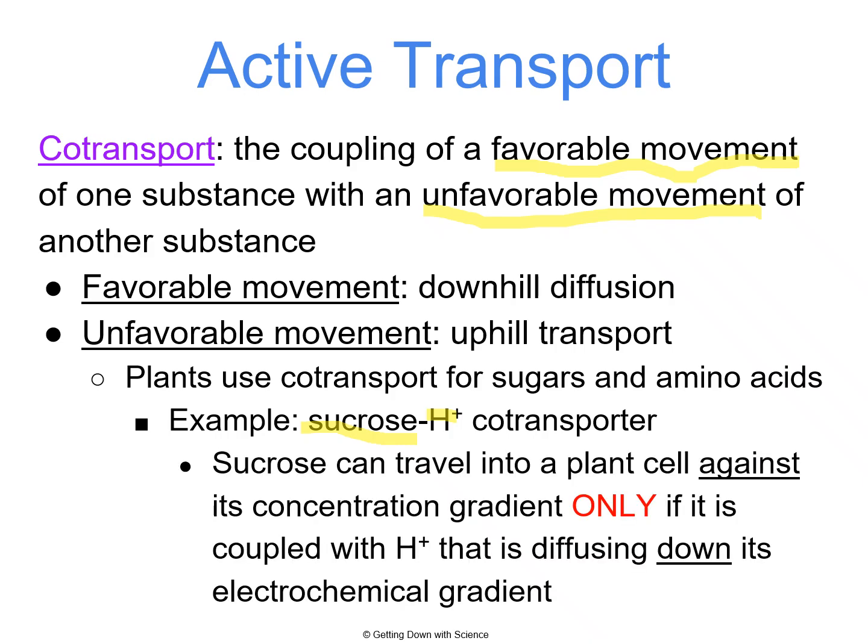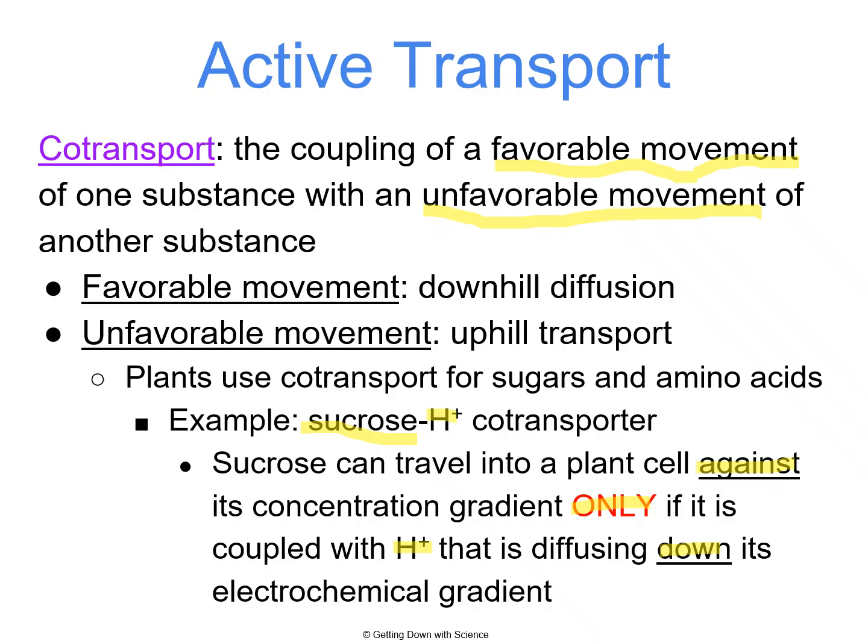So sucrose travels into the plant cell against the concentration gradient, and this is the active transport part of it. But this happens only if it is coupled with the protons or the hydrogen ions that are diffusing passively down their electrochemical gradient.